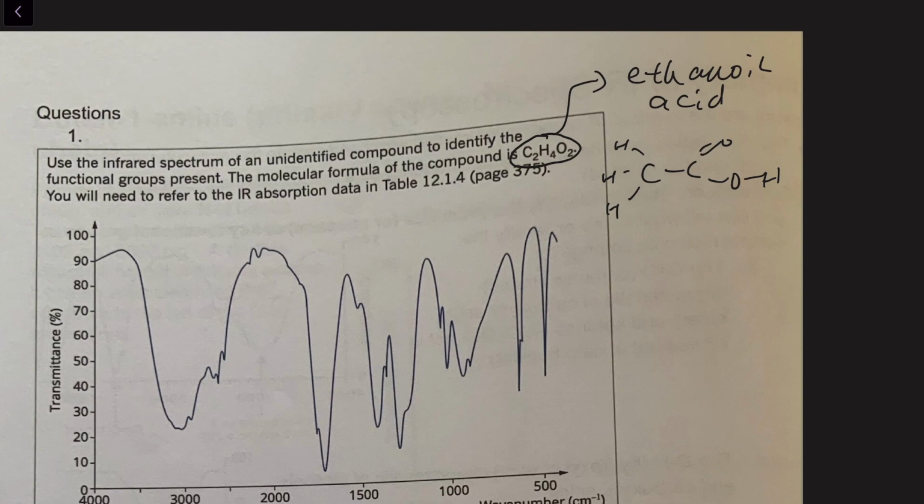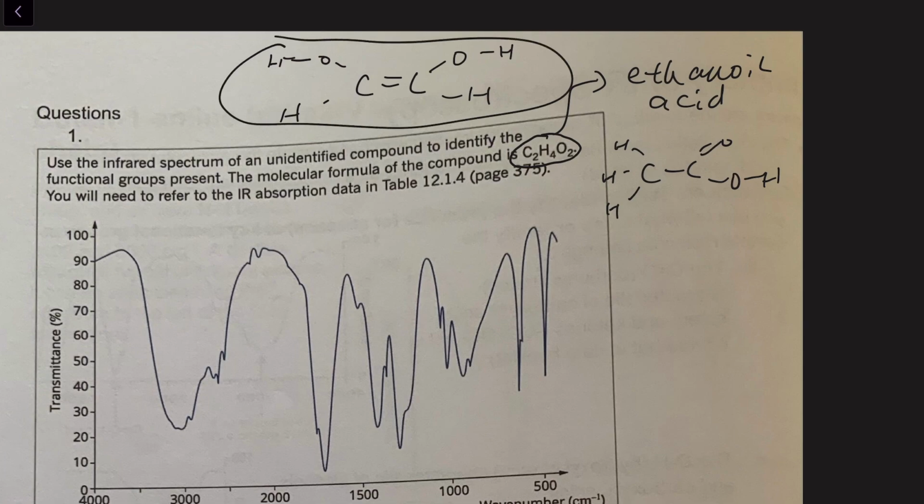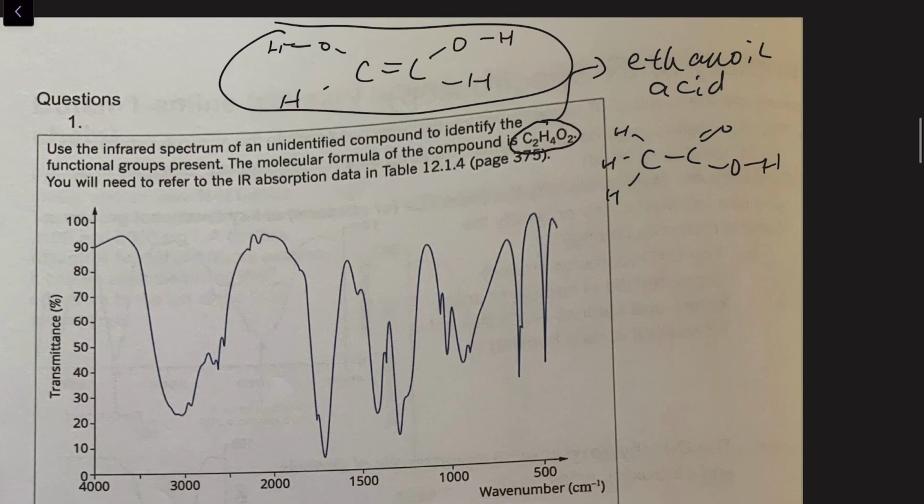But maybe it's safe to check, because we can have something like this. This dialcohol also has the molecular formula C2H4O2. So maybe it is this molecule. But in 99% of the cases, it should just be ethanoic acid.